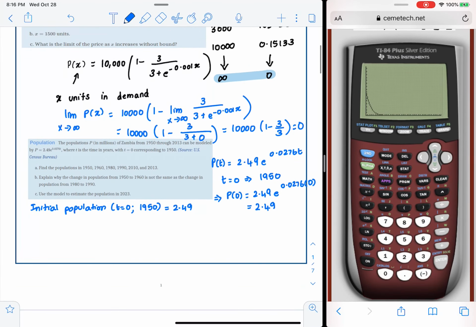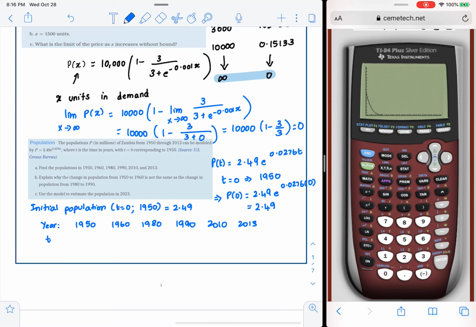So now we want to tabulate the values for each year that is specified. So the years would be 1950, 1960, 1980, 1990, 2010, and 2013.